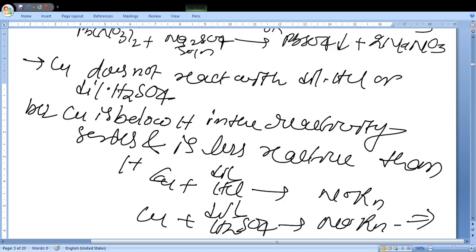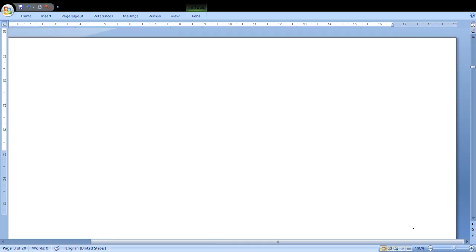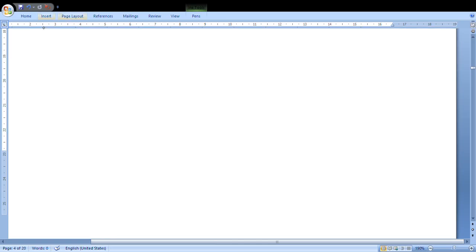And most important is that copper will react with concentrated H2SO4. It will react with HNO3 as well. See, if we take Cu plus dilute HNO3, this HNO3 will act as what? Oxidizing agent.